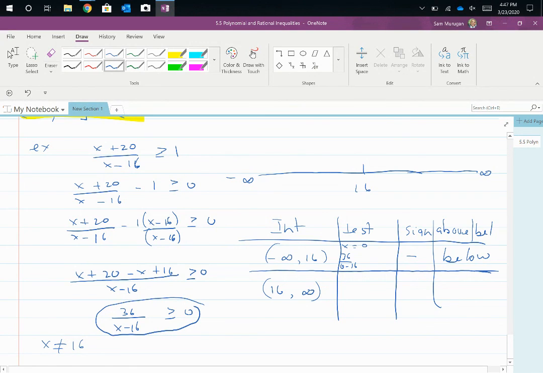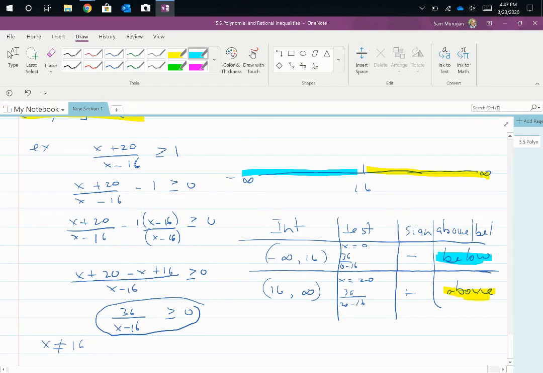Then if I check a number that's greater than 16, say x is equal to 20, I have 36 over 20 minus 16, which is a positive number, so this is above. So we can see that above is from 16 to infinity, and below is from negative infinity to 16.